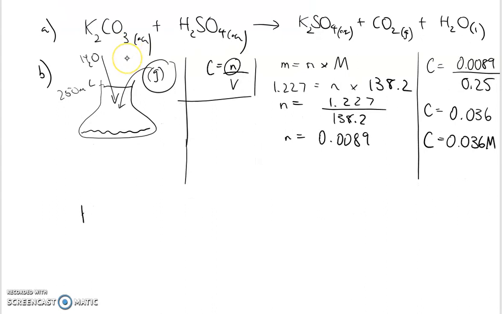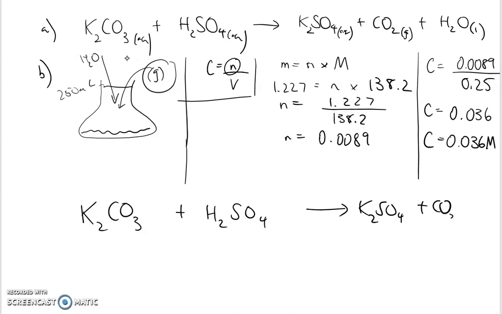Calculate the concentration of the sulfuric acid. All right, so let's just write this equation again. Our known solution is our potassium carbonate, which we just figured out the concentration of, so we know that one. We've got to use information about that to find out the concentration of the sulfuric acid that we're adding.